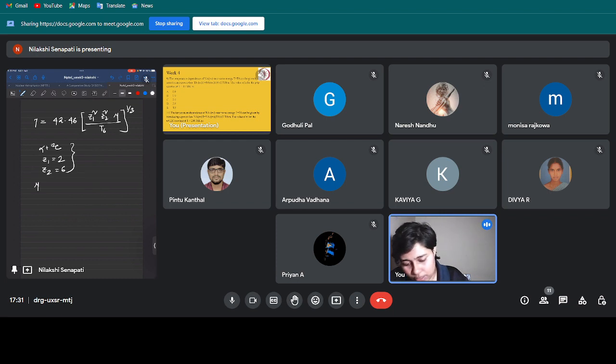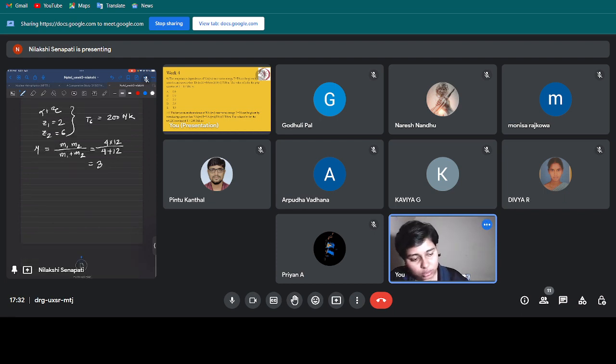Now we have to calculate mu. We know Z1, we know Z2, and now we need to know mu. We also know T6, that is equal to 200 megakelvin. Now mu is equal to m1 m2 by m1 plus m2. That will be 4 into 12 by 4 plus 12, equal to 3.